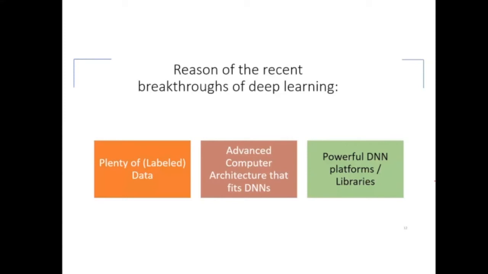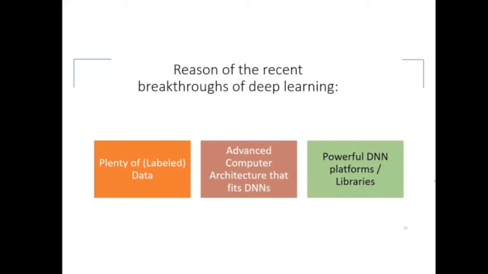But in general, the deep learning breakthrough is about plenty of labeled data. The other thing is the computer architectures: the GPU card, graphics processing unit, got adapted into deep learning and made parallelized computation feasible.